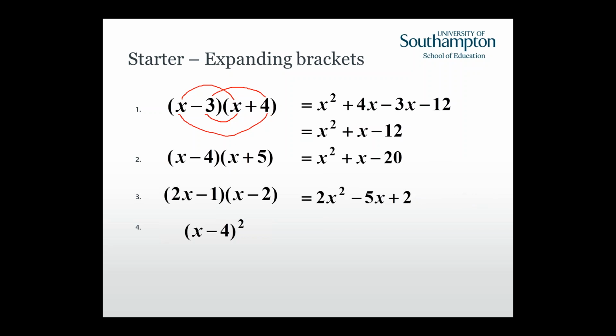And Matthew, done the last one? Yeah, I just did 2 brackets, x minus 4, and then got x squared minus 8x plus 16. Good. Excellent. So is that all fairly straightforward, and any issues with expanding brackets? No, it's fine. I've been doing a lot of practice with the year 9s and 10s. Great. Excellent.